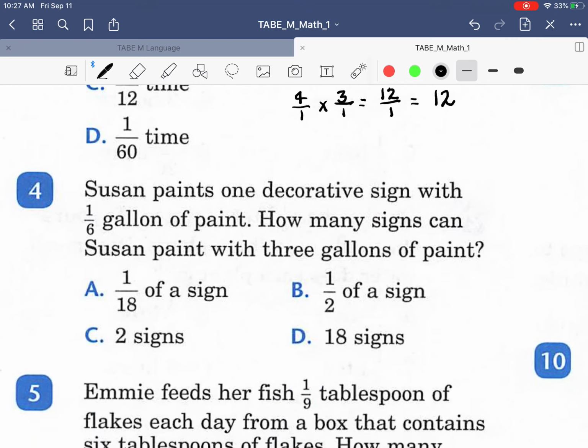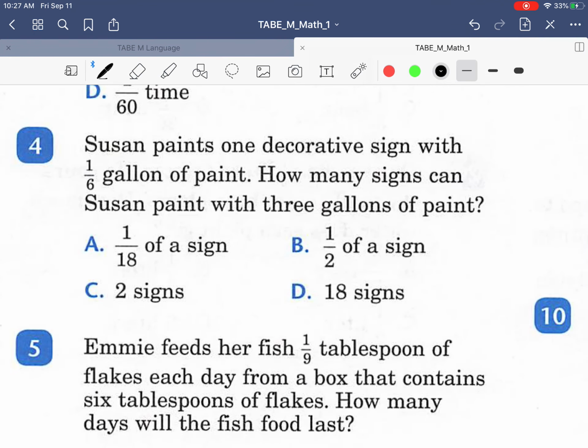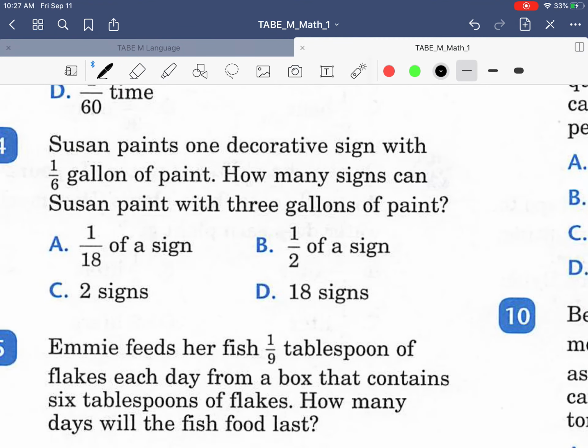Number 4. Susan paints one decorative sign with 1/6 of a gallon of paint. How many signs can Susan paint with 3 gallons? So I'm taking her total gallons and I'm dividing that up into signs.